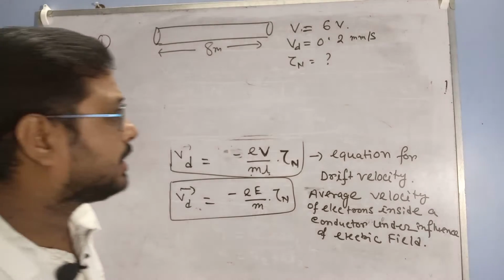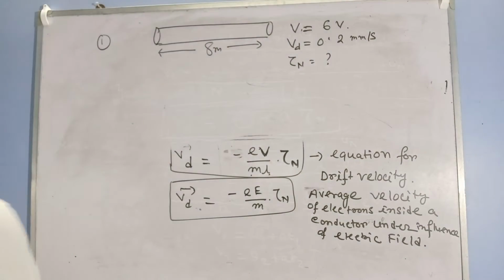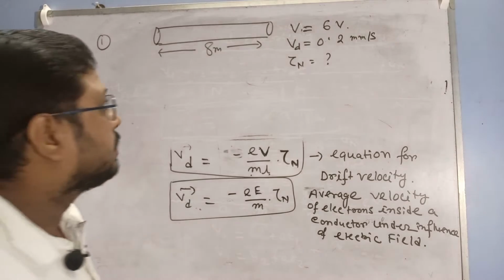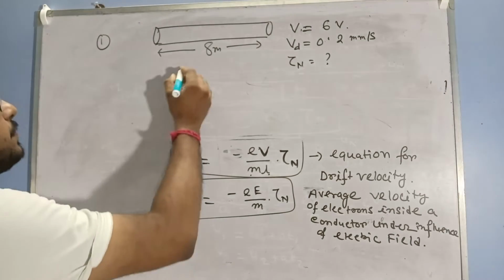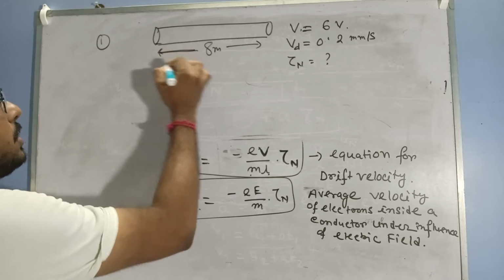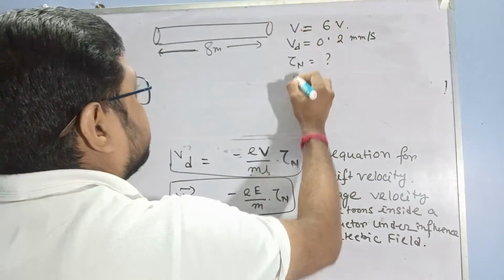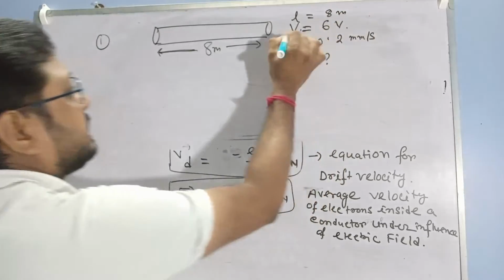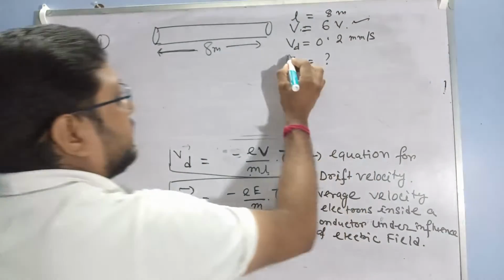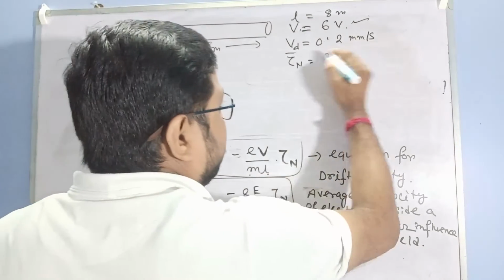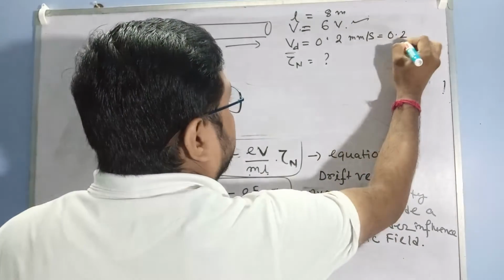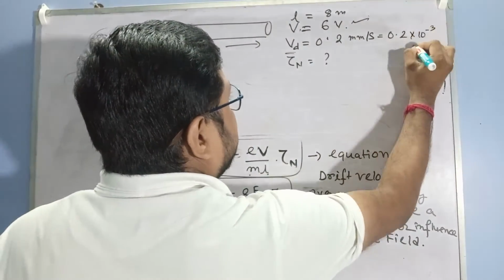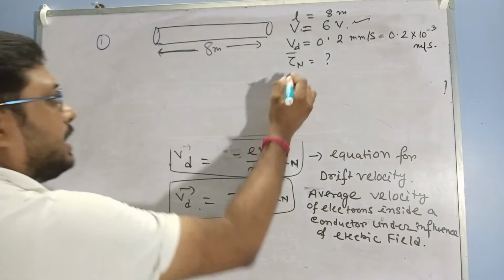What can we get? The given values: the length of the conductor L is 8 meter, a potential difference of 6 volt is applied, and the average velocity of electrons is 0.2 millimeter per second, that is 0.2 into 10 to the power minus 3 meter per second. And what is tau n?